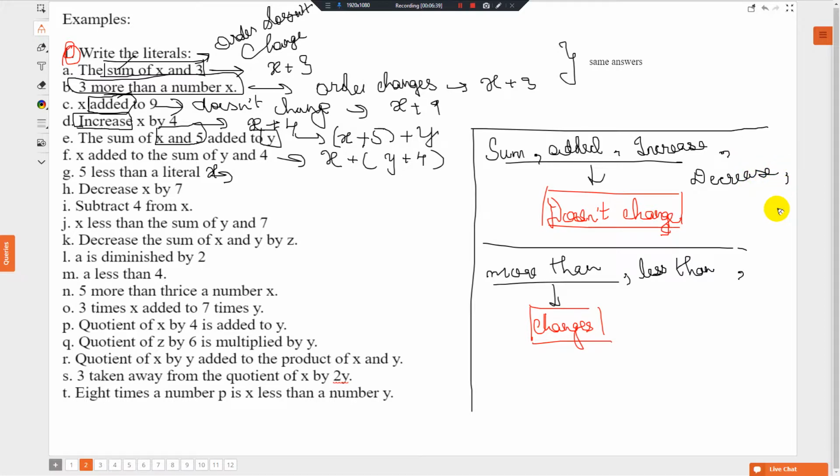Subtract 4 from x. When subtract comes, it comes in the change column.